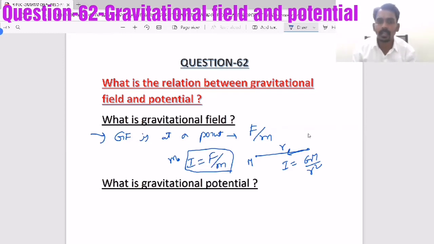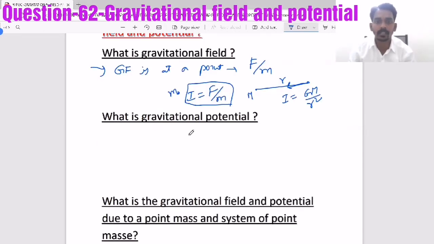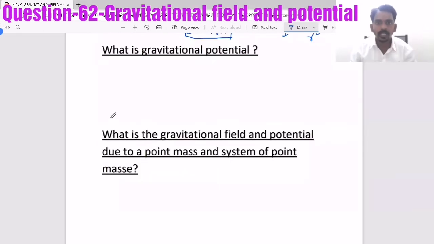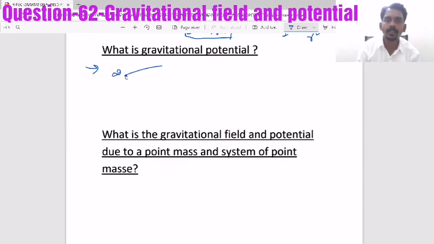The gravitational force and field are both vector quantities, and F bar and I bar always lie along the same direction. Now, what is gravitational potential? When you move a body from infinity to a particular point, let's take this point P, in the presence of external masses, there are so many other masses.